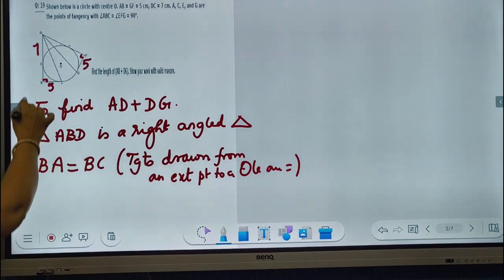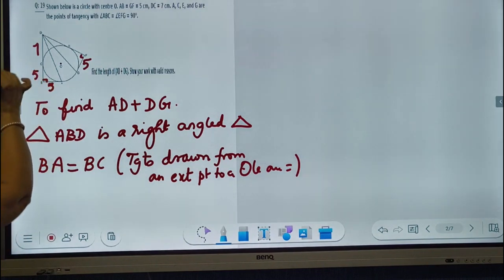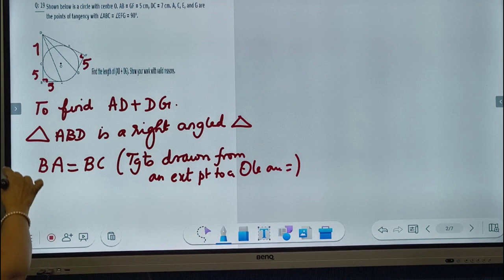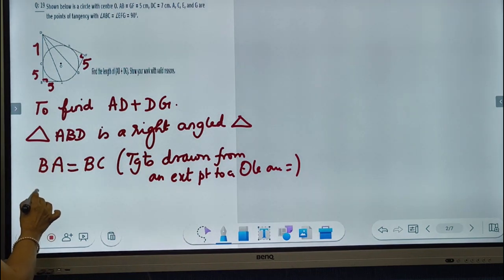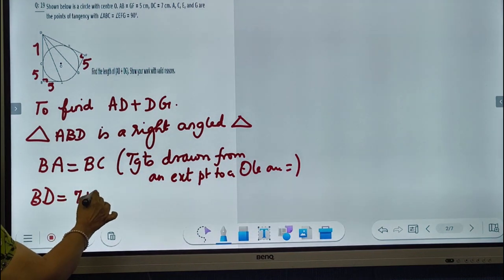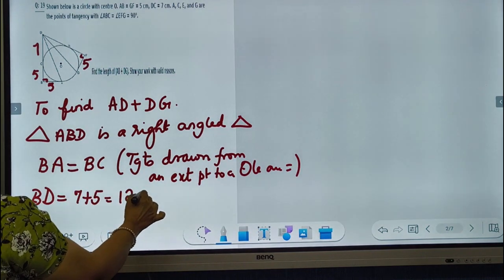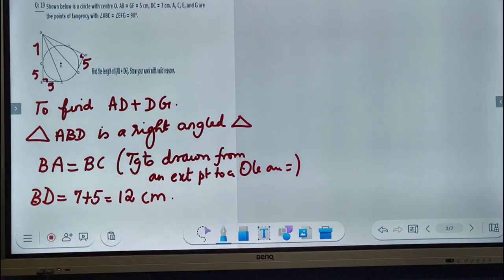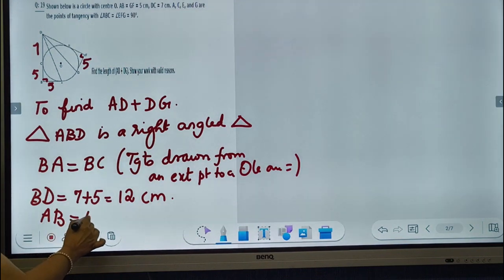Right? So if this is 5, this is also 5. So if you look at triangle ABD, I know BD is equal to 7 plus 5, which is 12 centimeter, and I know AB is 5 centimeter.